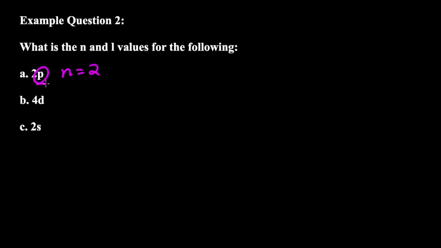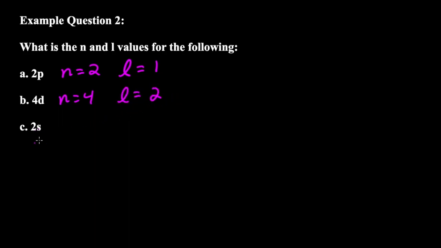And then we have this P right here. And when we have a P, that's going to be the shape, which is the L value, and L would be a 1. And now for B right in here, we have this 4. So that's going to be N equal to 4. And then when you have this D right in here, that's going to be L equal to 2.